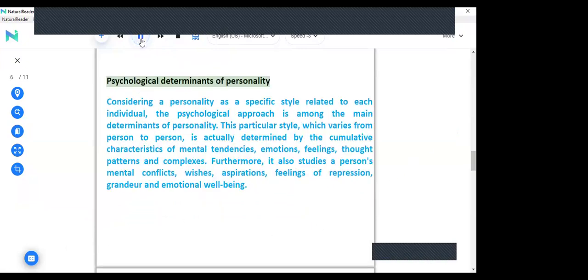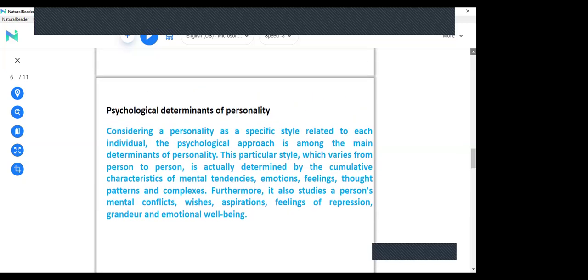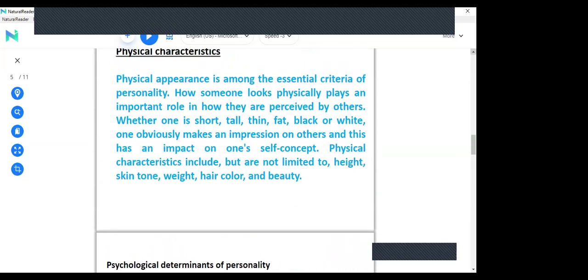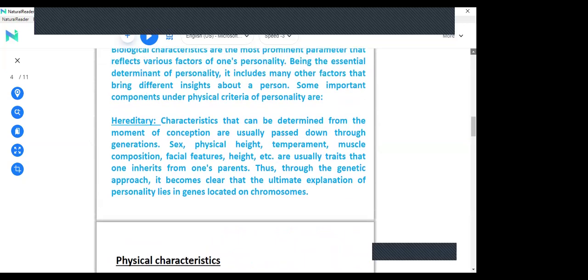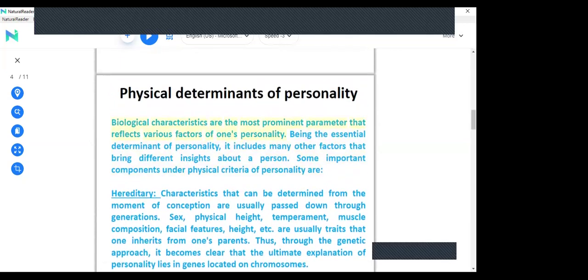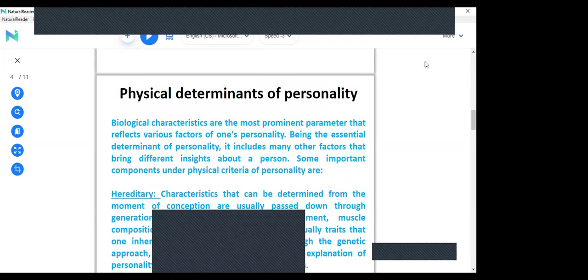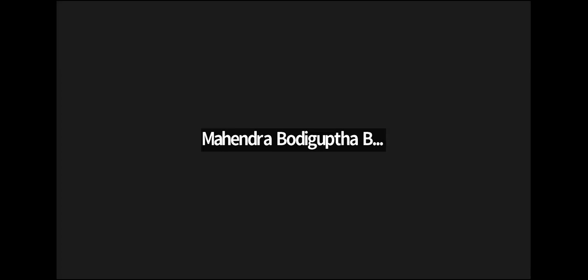Psychological determinants of personality. I think before I explain this, I want to use my main point. One minute, my dear student. I want to open the slide and give you some. Wait one minute. Yeah, the one right here.